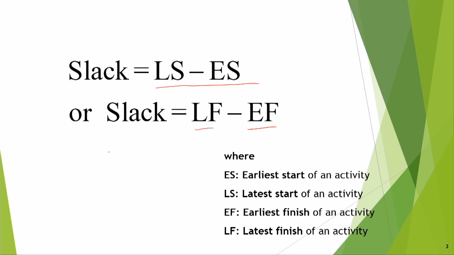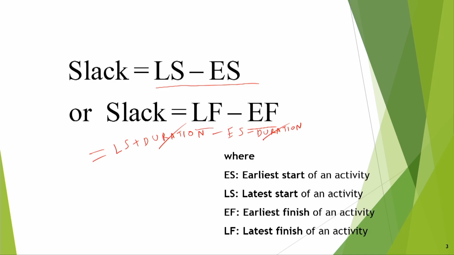Both things are basically the same, because latest finish is latest start plus the activity duration, and earliest finish is ES plus duration. Taking the duration in a bracket, the durations cancel, and you get LS minus ES.